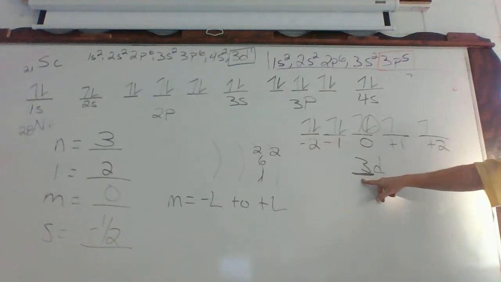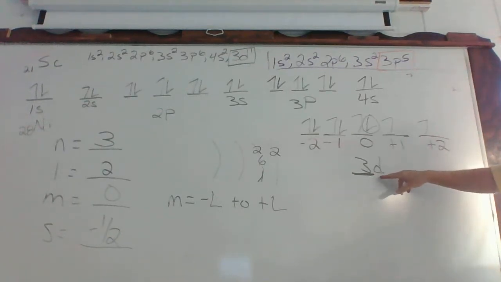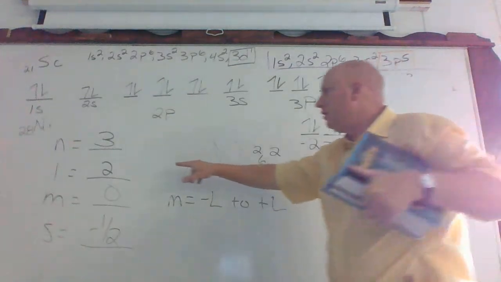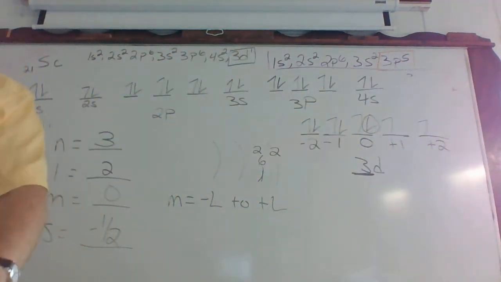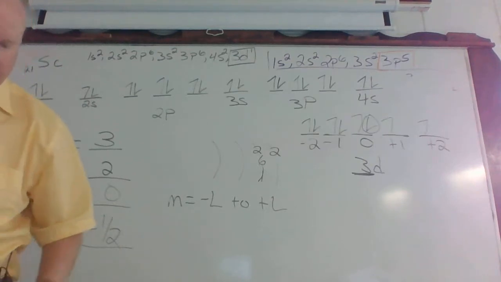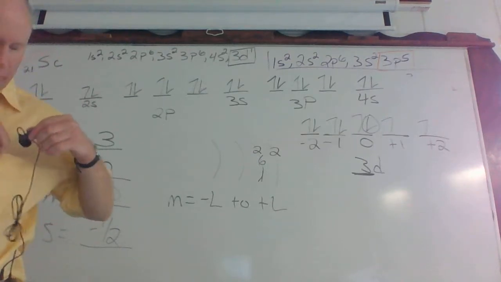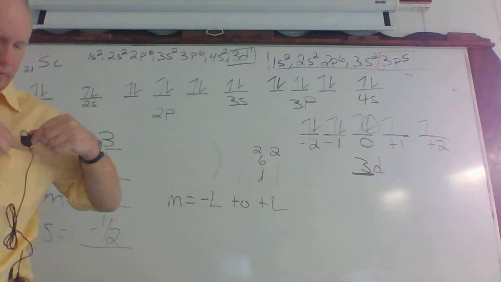Okay? Then, with this, that's telling us from page 108 on table 1 where you get your value for L. So if it fell in the D block, the value for L is 2. If it falls in the S block, the value is what? 0.